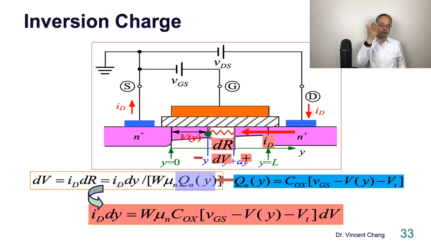Now you can get the equation on the bottom. So ID times dy equals, and they move to the left-hand side, mu C W VGS minus V of y minus Vt.